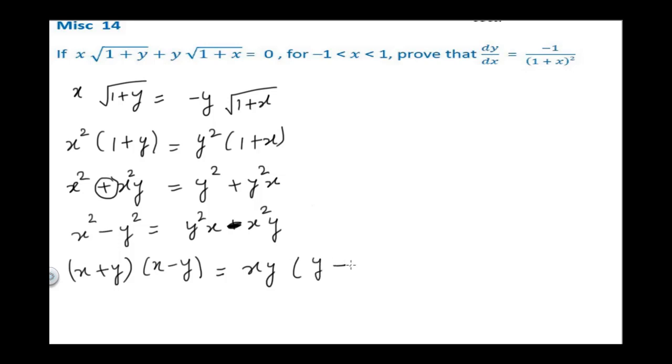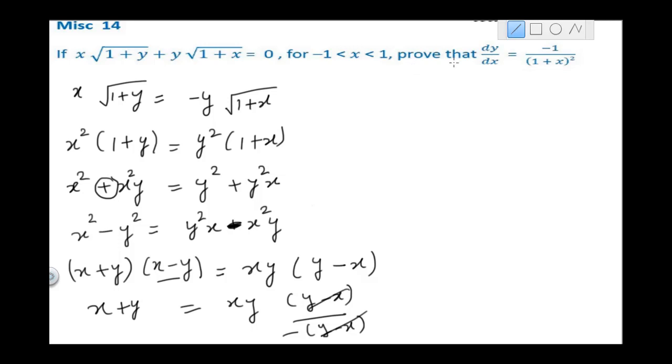Y minus x. Clear? Here it is x minus y, here it is y minus x. We can take minus common. So x plus y equals xy into y minus x divided by x minus y, right? Or I may write it as, by taking minus common, y minus x. Clear? Y minus x and y minus x will get cancelled.